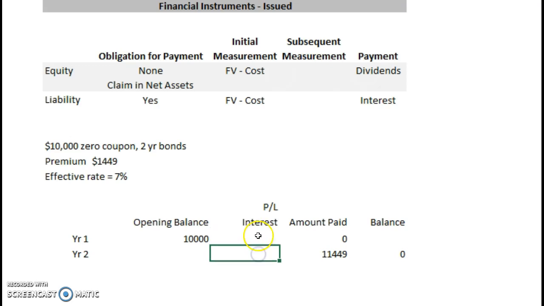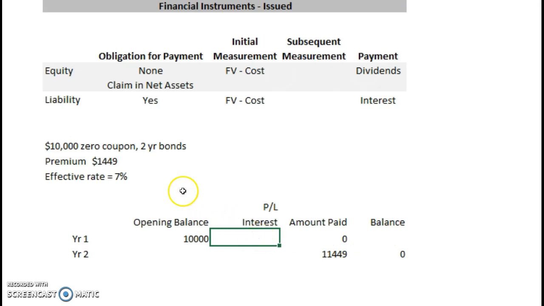So we can't just leave that blank, even though nothing is actually paid out in cash. There is still a notional finance charge, and it's spread across the 2 years, or more if it was a 3-4 year bond. And it's built up as if it was compound interest.